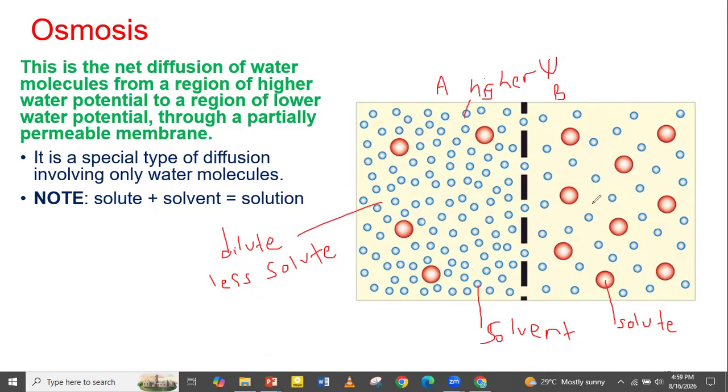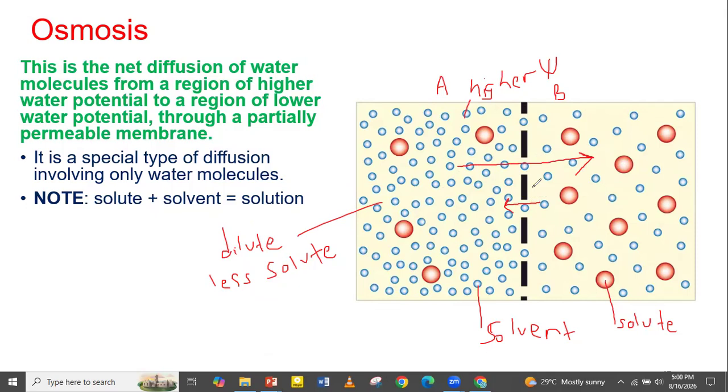So for osmosis to occur, our partially permeable cell surface membrane is only going to allow water molecules to cross. Why? Because water molecules are small in size. So they are going to be able to cross from A to B, net movement from A to B. That doesn't mean we cannot have movement from B to A. We can, but net movement is happening from A to B. So water molecules are moving from their region of higher water potential to their region of lower water potential.